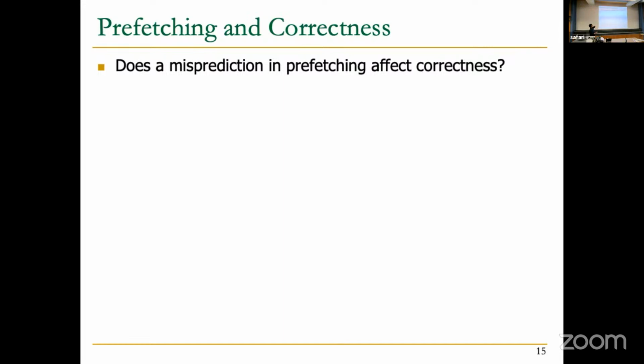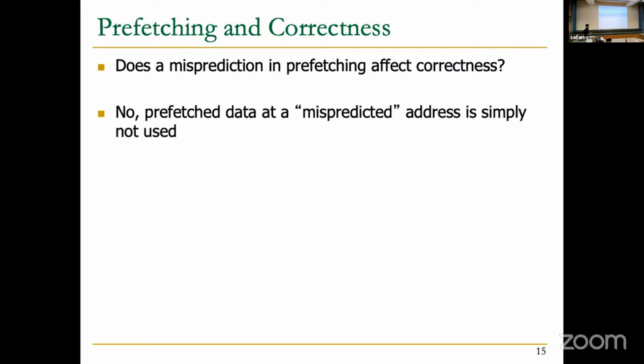So that brings us to this question: prefetching is also a speculative technique, so does that mean prefetching affects the correctness or not? The answer is no. That's a good point compared to branch prediction, that prefetching does not affect the correctness of program execution. If you predict something that the program is not going to use, you're just doing some bogus work.